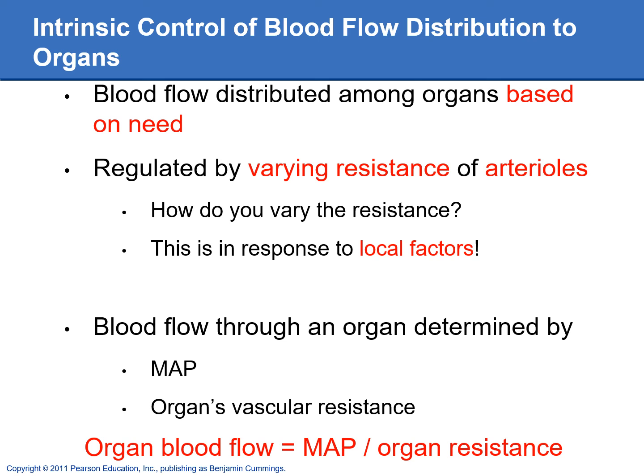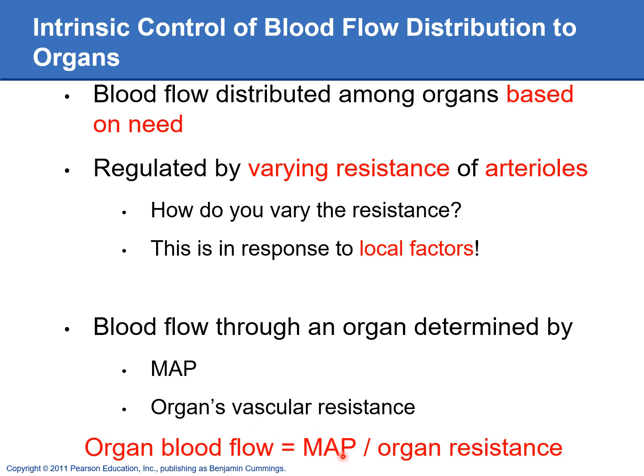We can also alter the organ's blood flow, not only by changing the resistance, vasoconstricting or vasodilating to that organ, but also by changing the blood pressure. So what happens if your blood pressure is too low? Notice that if you decrease MAP, you decrease the organ blood flow.